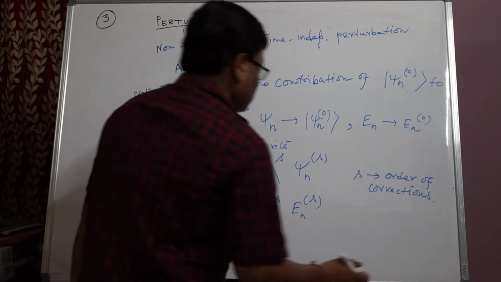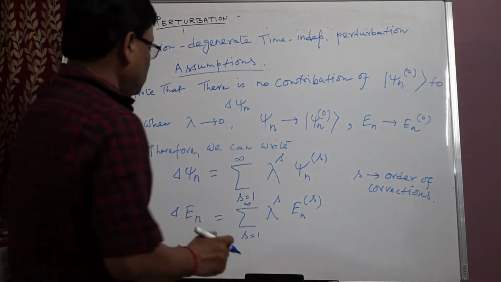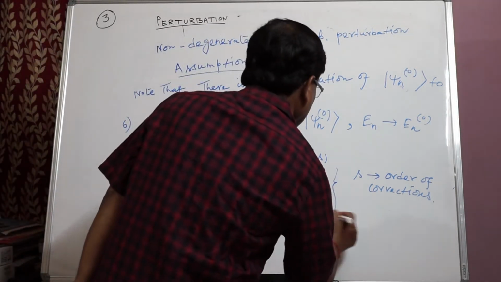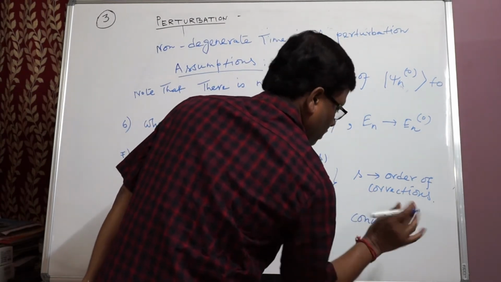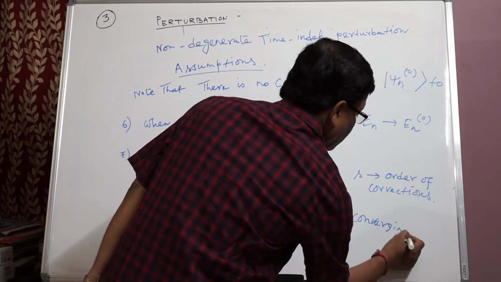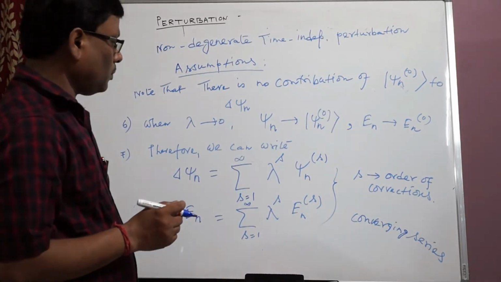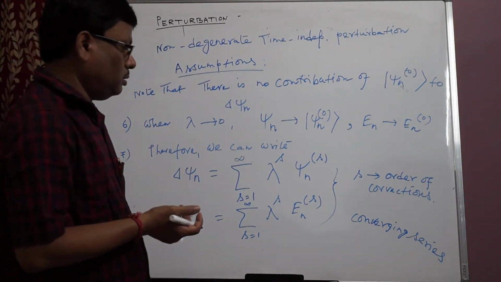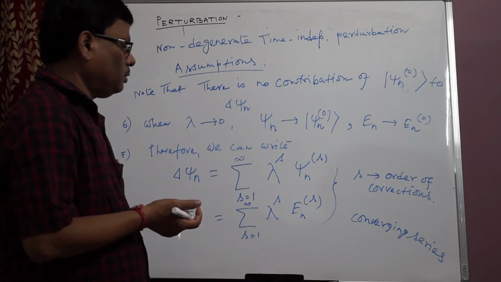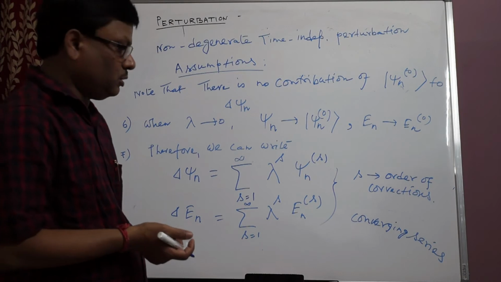And since lambda is very much less than 1, these two are converging series. And we can truncate these series depending on our choice or on the satisfaction of the approximation theory.